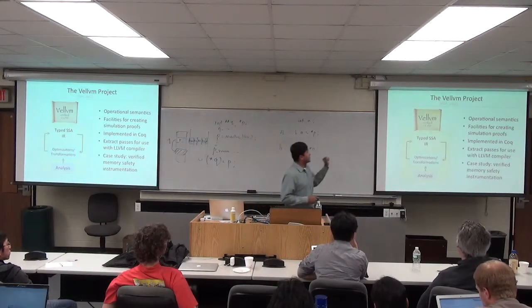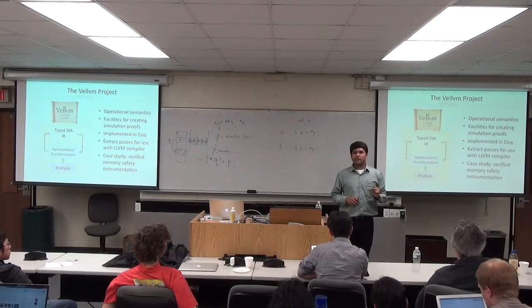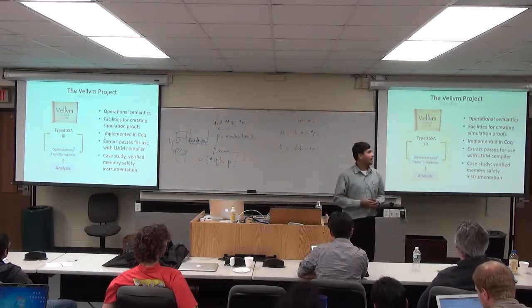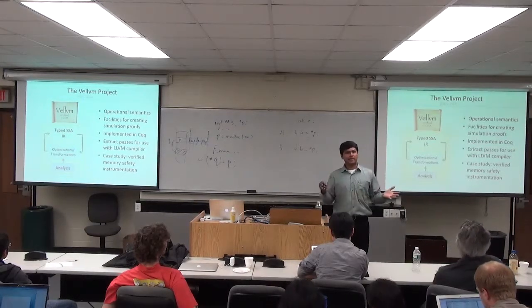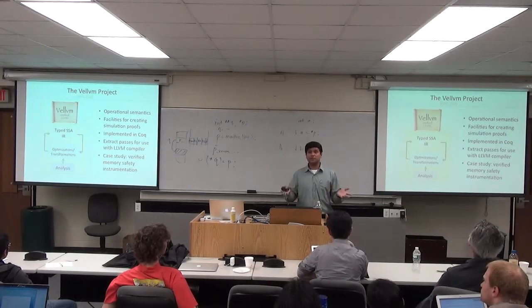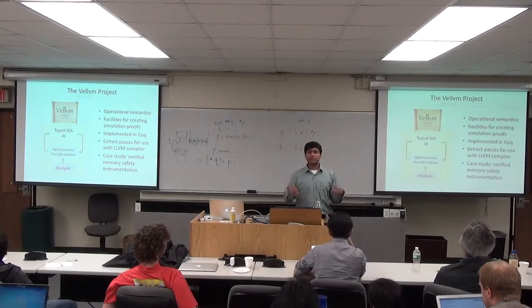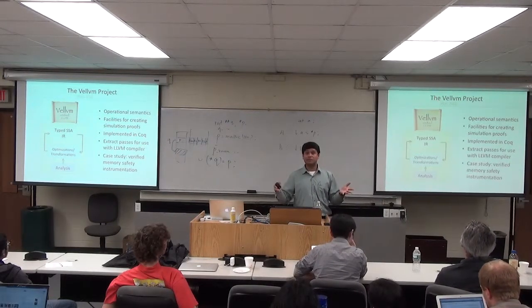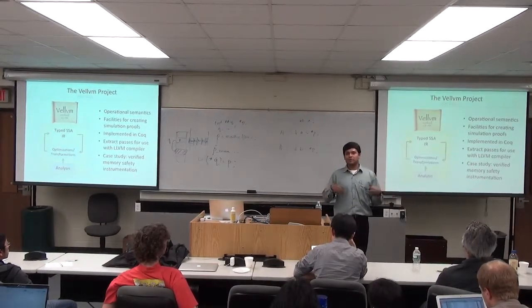To address this, we formalized the semantics of the LLVM compiler, and then we built various facilities for creating proofs. We realized that writing proofs in a proof assistant, I don't know how many of you have used one, but writing proofs and implementations in a proof assistant can be difficult for people. So we have created various facilities to ease this job.